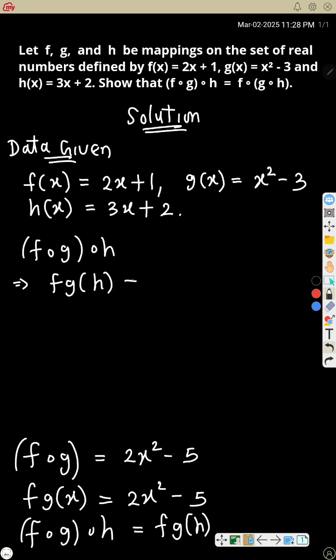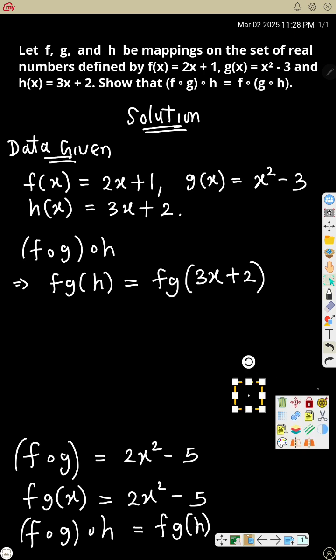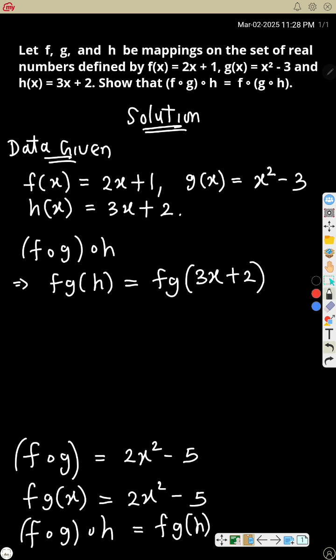We found f of g. So f of g of h, what is h? That is 3x plus 2. So look at it again, f of g of h, where h is 3x plus 2.